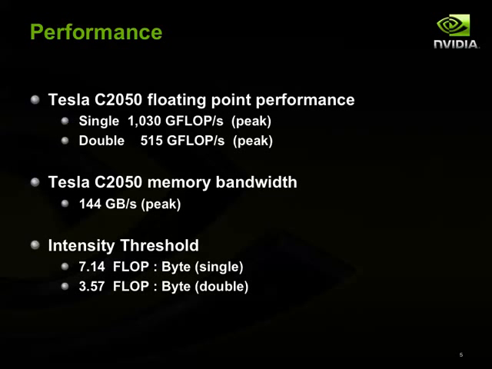The calculation is simply to divide that by the peak memory bandwidth, which is about 140 on the same device. If you do that for single and double, you get about 7 flops per byte in single precision, about half that in double precision.